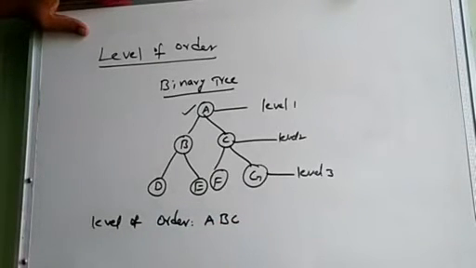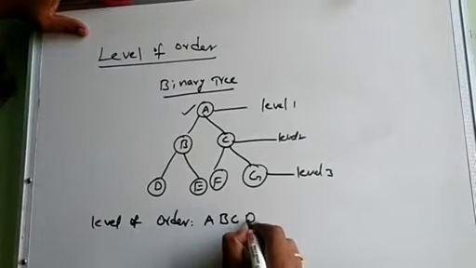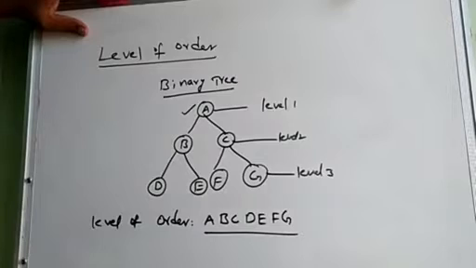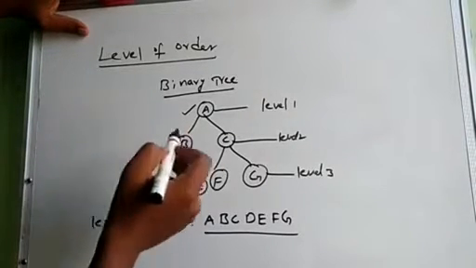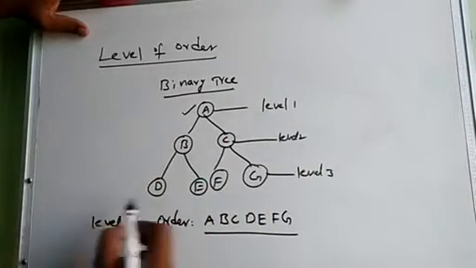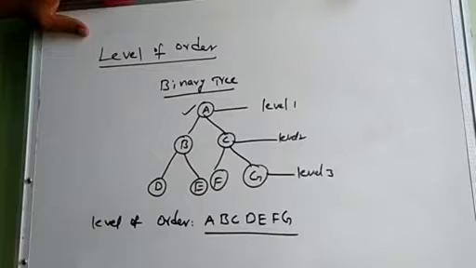Level 3 has D, E, F, G. So this is the level order. Read the elements level by level from left to right until all the levels of elements in the tree are read. Okay, that's it.